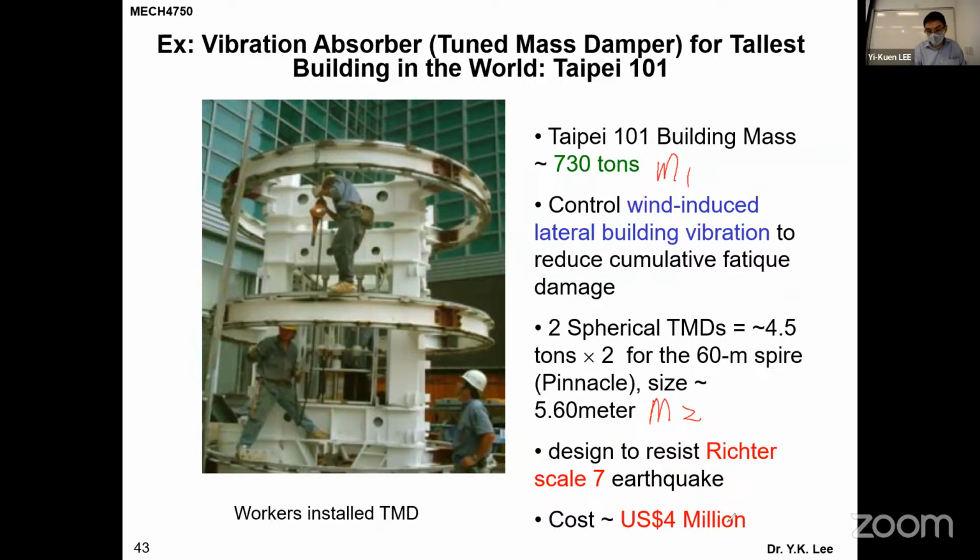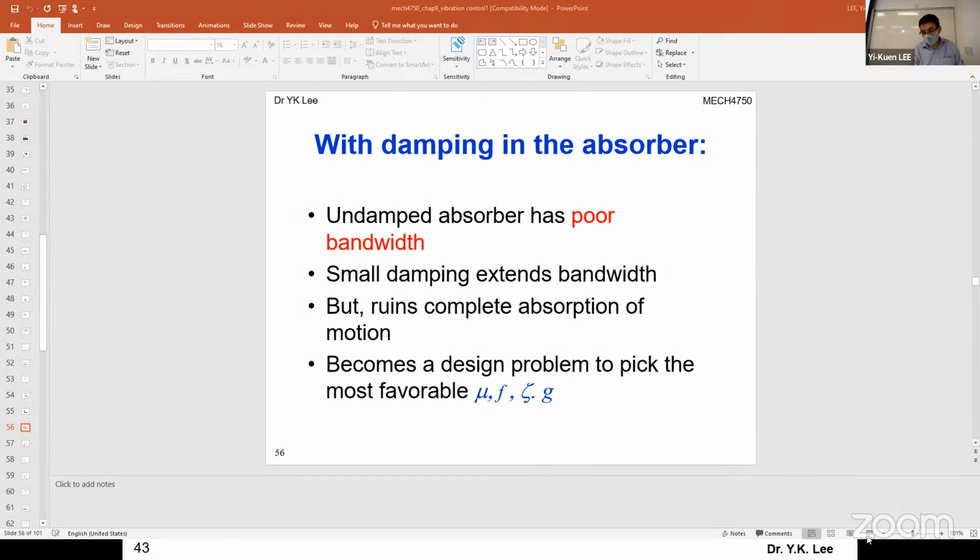Again, this engineering project is $4 million. It gives you a general example of how we can work on a more realistic engineering project. Of course, once you have damping in the vibration absorber model, the analysis can be a little more complicated.